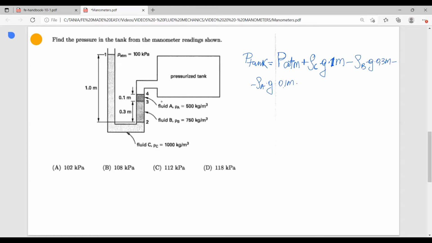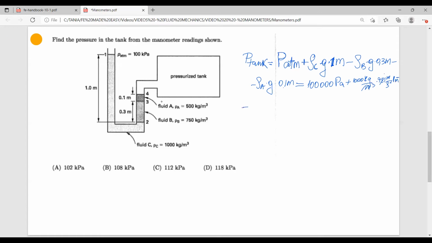Now let's calculate all this. P atmosphere is 100 kilopascals, which means 100,000 pascals, plus the density of water, 1,000 kilograms per meter cubed, times 9.81 meters per second squared times 1 meter.